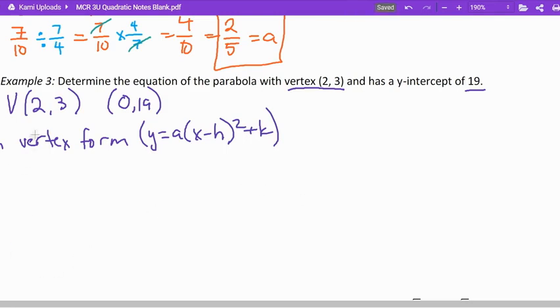So it's like, oh, I have the h and I have the k. And then the y-intercept is actually, it doesn't matter that it's the y-intercept. That's just a point, right?